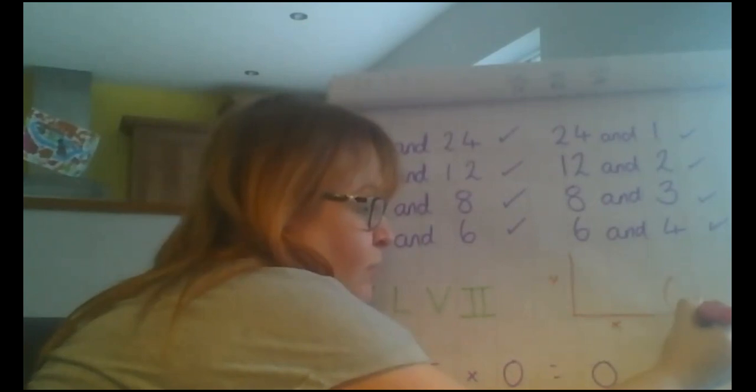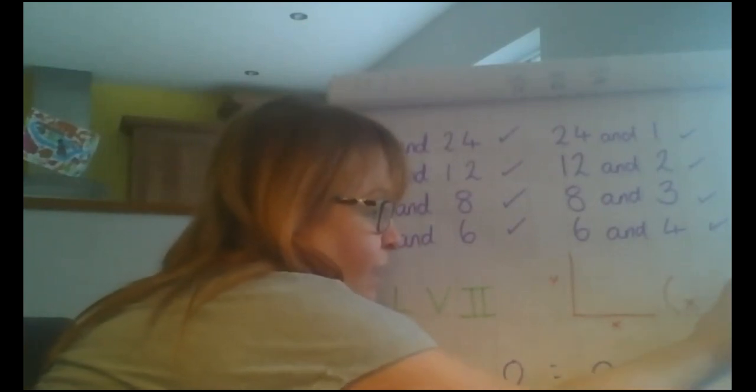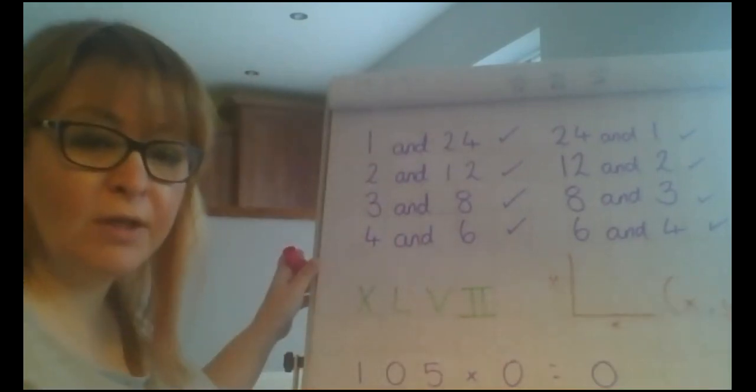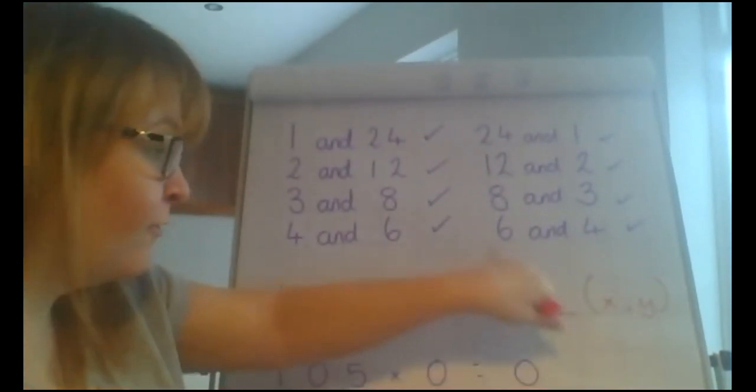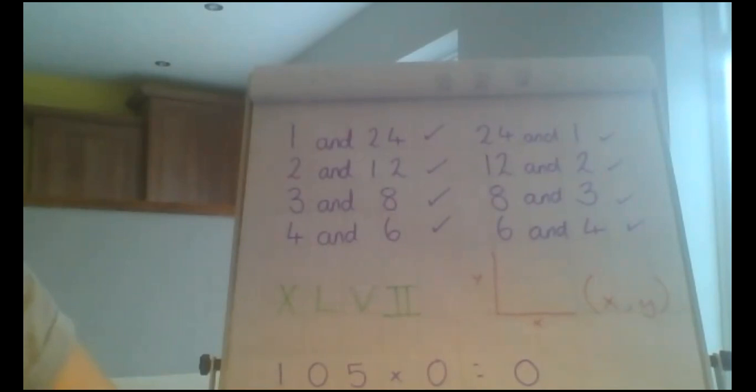When we do our coordinates, they're in our brackets. We've done this during home learning. So you read the x-axis first, followed by the y-axis. Okay, it's really important that you remember that. Otherwise, you're not going to get some of these questions right today.